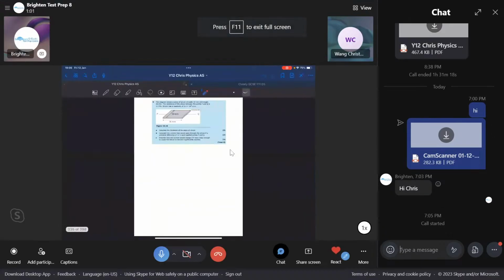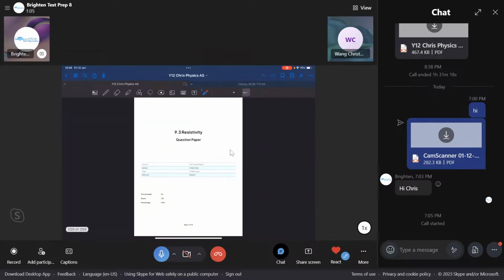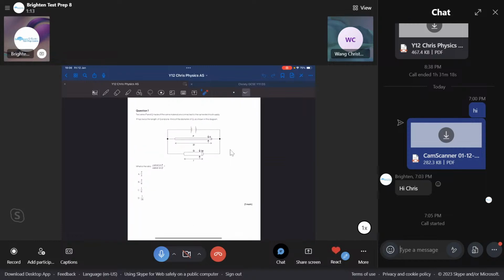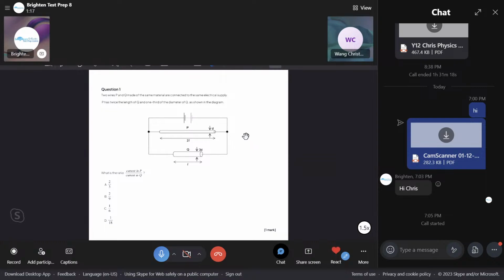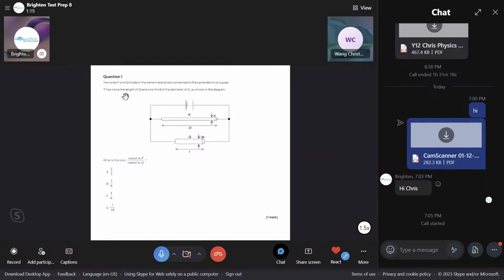So in due time, when you have time, you can send me the results for those questions. Now we go into the questions paper for resistivity, actually. And I just give you this. And again, same thing: multiple choice doesn't necessarily mean it's so simple. It may or may not be.